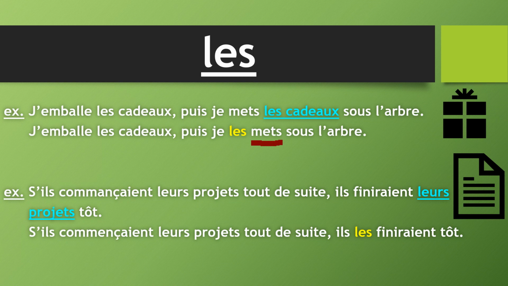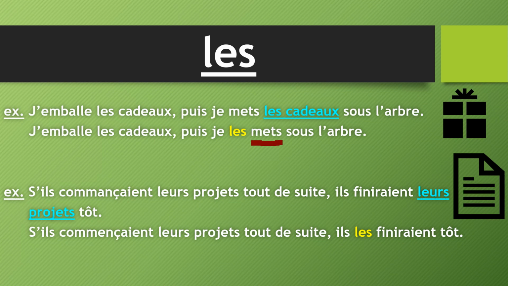Deuxième exemple. S'il commençait le projet tout de suite, il finirait le projet tôt. If they started their projects right away, they would finish their projects sooner. To avoid repetition of le projet, we would replace it with the pronoun les, because le projet is a direct object that is plural.